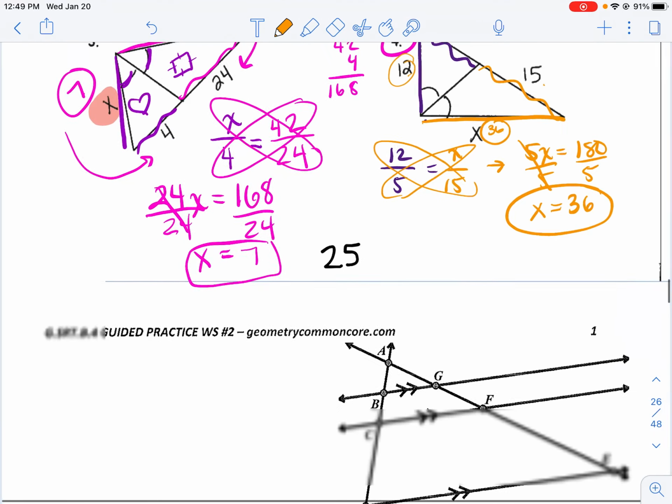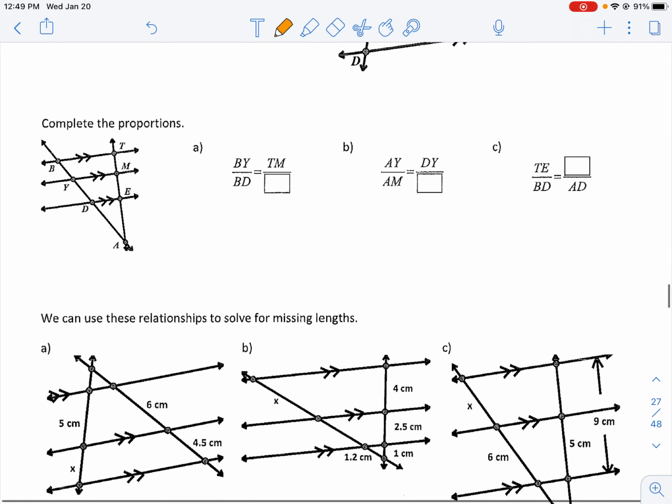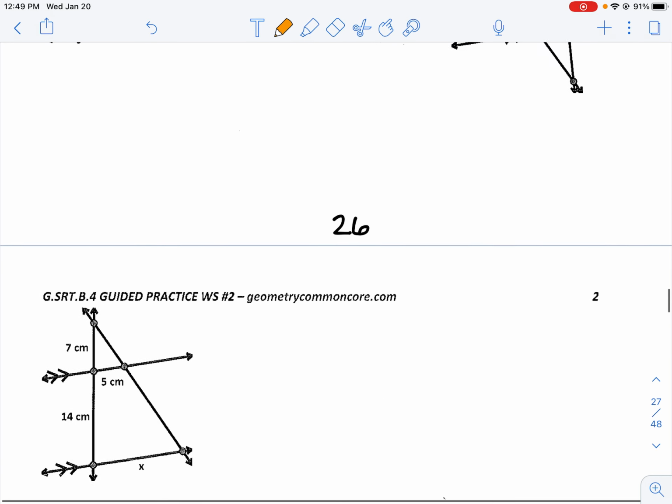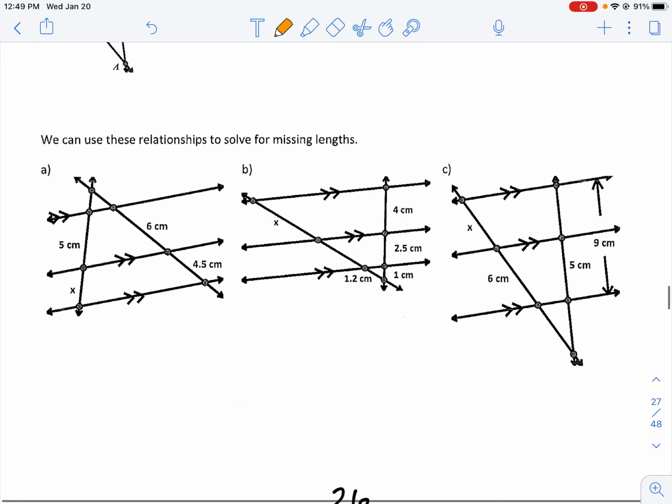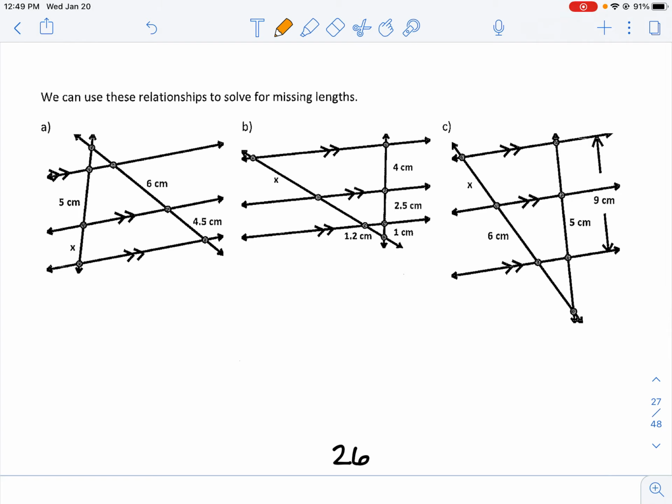Okay, so let's look at page 26 just so we can do a couple review questions. And these are actually some more side splitter problems that you guys did in yesterday's video. So let's go down to the bottom of page 26 just so we get a little review in. These are different ways to look at it. Same idea. Do you guys see in here we actually sort of have a triangle with two parallel lines? Right here are parallel lines. So let's write a proportion here. I'm going to do 5 over x equals, now again I went top to bottom, so I'm going to go top to bottom here. 6 over 4.5.